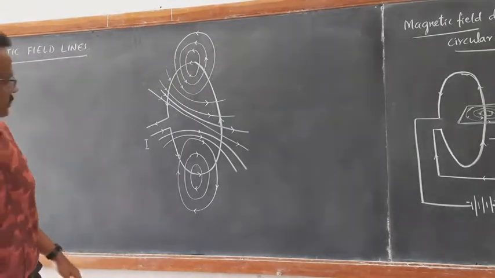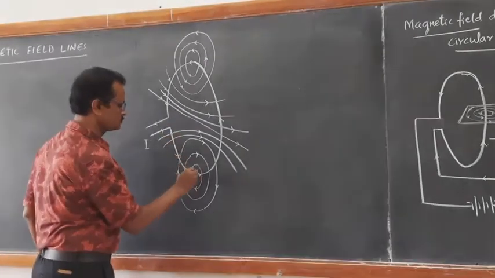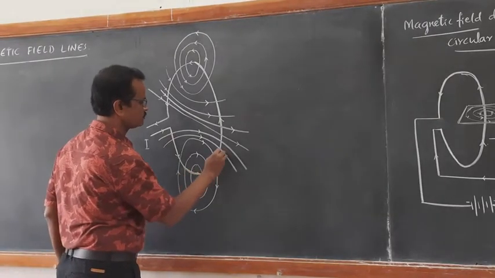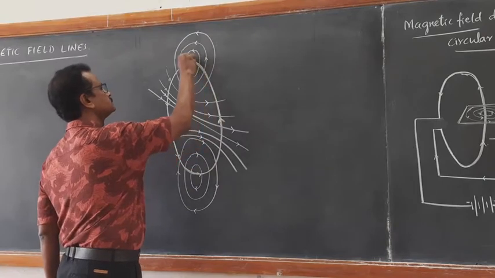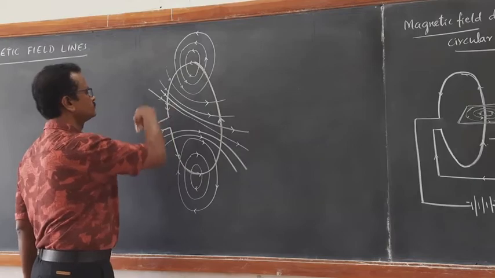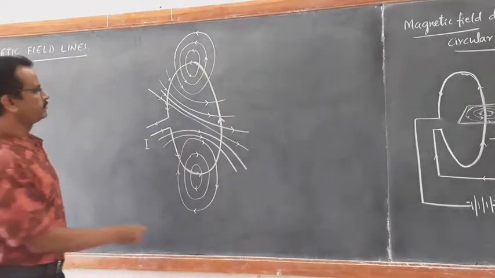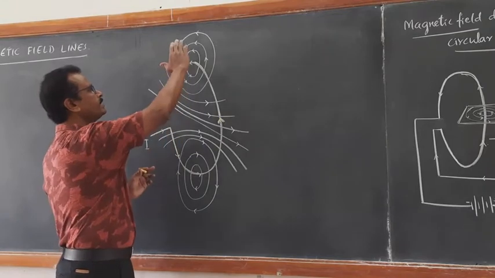And here the current flows like this. This is the way current flows through the circular metallic wire. When the current flows in this direction, we can find out the magnetic field lines.